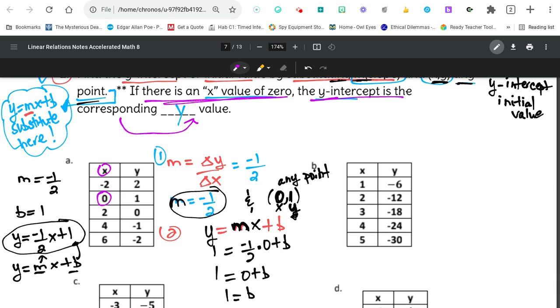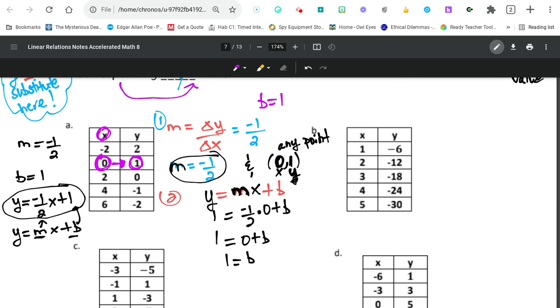What is the corresponding y value? Well, it is 1. So I could have told you that b was equal to 1 just by saying, oh, there's an x of 0, and the corresponding y value is 1, so b is 1. Not every table will have an x of 0. If it does, then it's really easy to find your y-intercept, guys. It's just whatever the corresponding y value is. If it doesn't have it, you got to do this work.